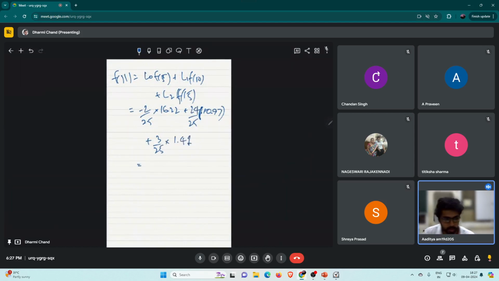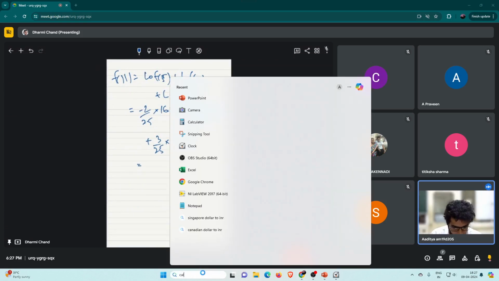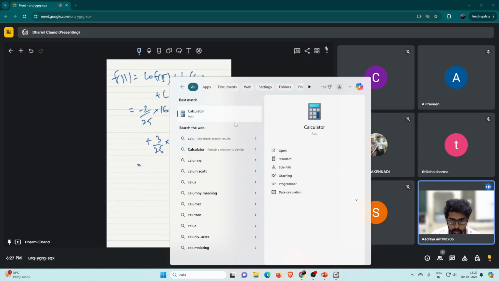So if you guys can quickly calculate this, or I'll open the calculator on my own computer.